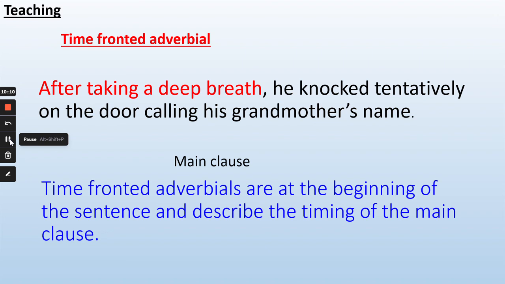Here's an example. After taking a deep breath, he knocked tentatively on the door, calling his grandmother's name. The main clause is in black. He knocked tentatively on the door, calling his grandmother's name. After taking a deep breath is the time-fronted adverbial. It tells us when the events of the main clause in black happened.